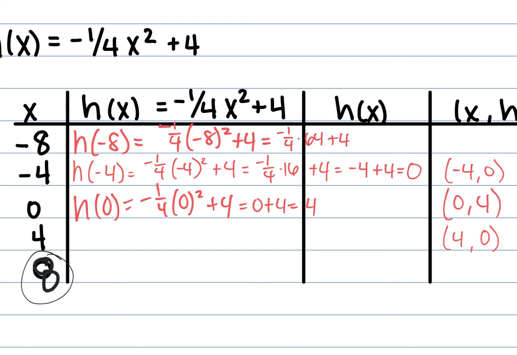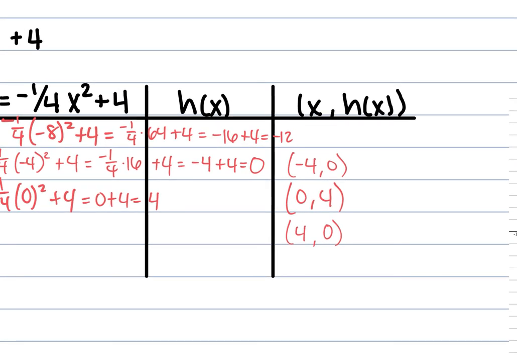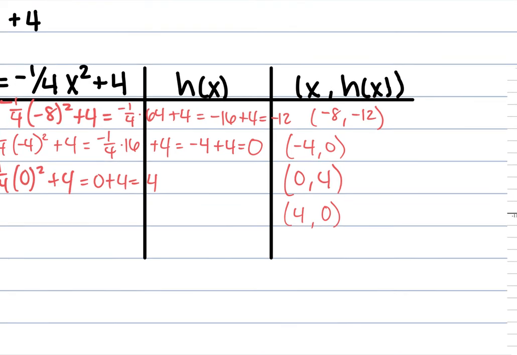Negative 1/4 times 64 gives you negative 16, plus 4 gives you negative 12. Oh. This point is negative 8 comma negative 12. Do we see it now? And you should have gotten 8 comma negative 12 as your last point.